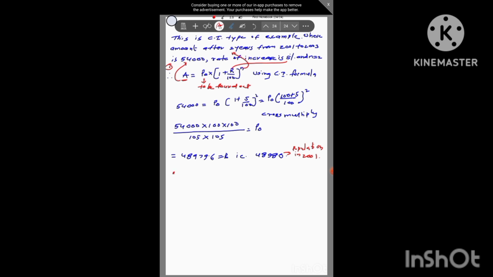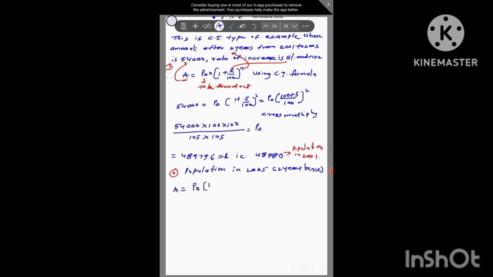Now the next part: what will be its population in 2005? If you take this as your P0, then n will be 4, and if you take 54,000 as your P0, n will be 2.